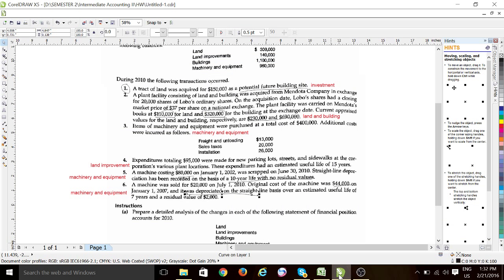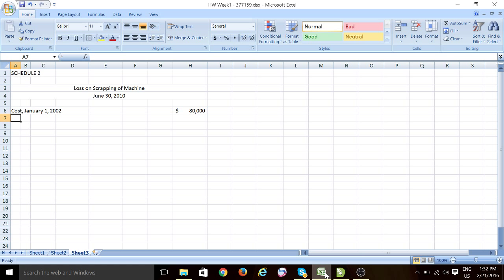So now to find out the loss, we need to find the value depreciated, which is accumulated depreciation, and then we also need to note the method that we're using, and then if there is any salvage value, then we also need to note that down.